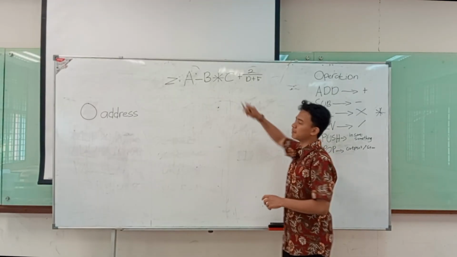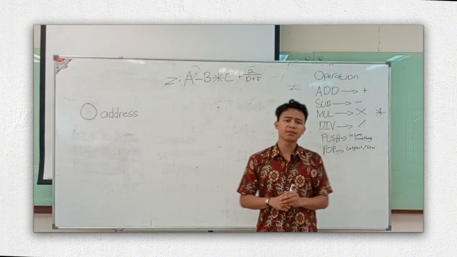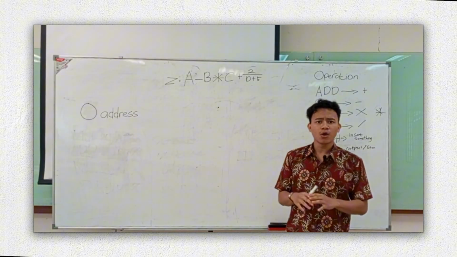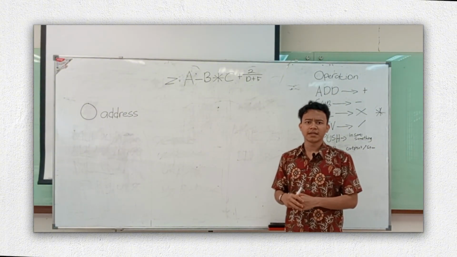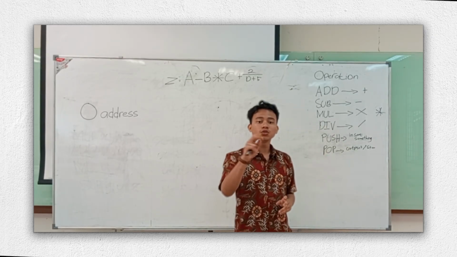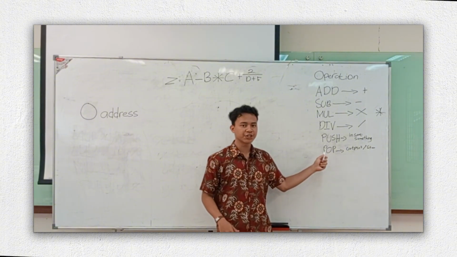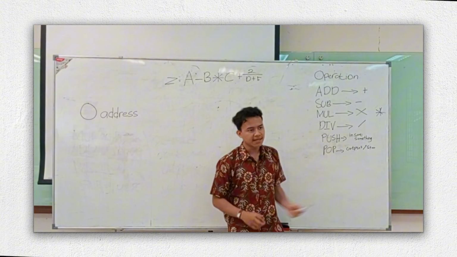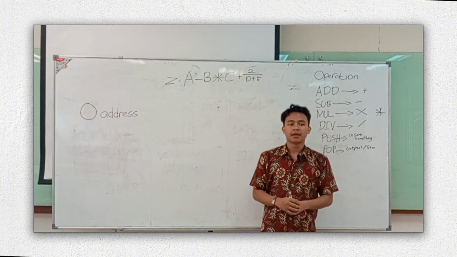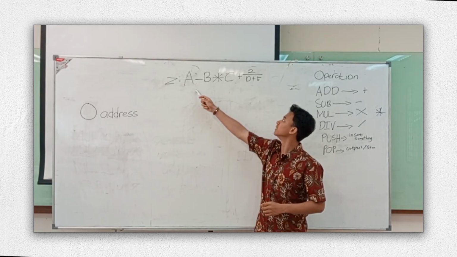Next example, we're going to use a 0 address. 0 address is a little bit complicated compared with the other kinds of address that we have learned before. In this address, it requires 2 extra operations, pop and push. The function of push is to insert the new input like the alphabet or the number.